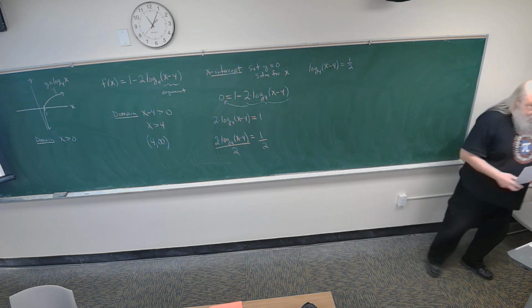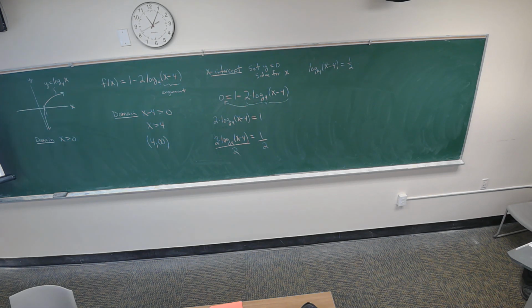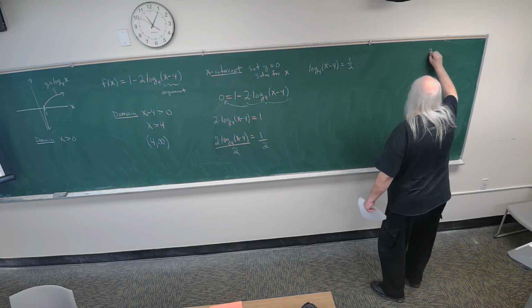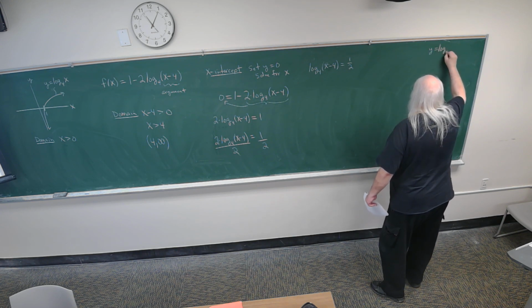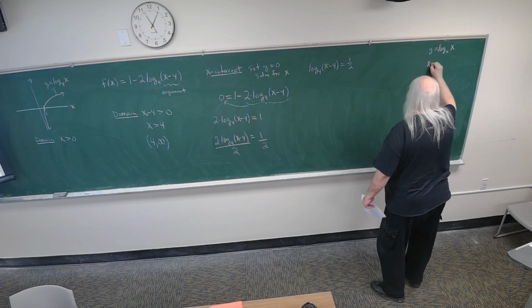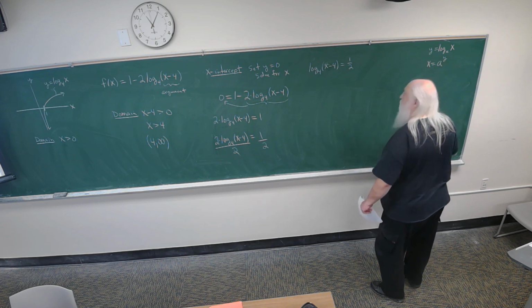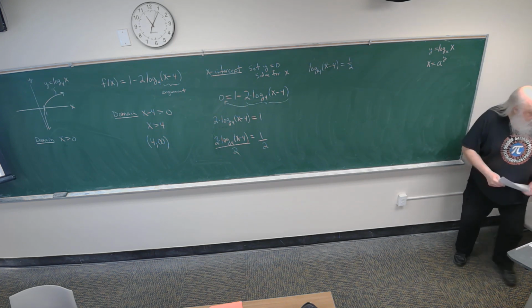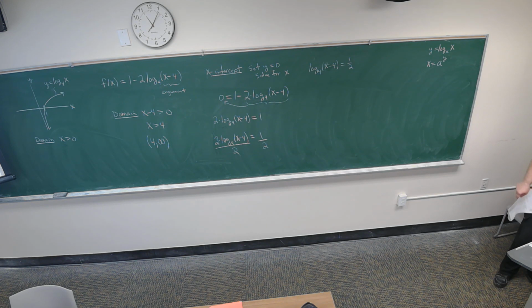Now I want to remind you of something from page 1 of this lecture guide. y equals log base a of x, and x equals a to the y are equivalent equations. And so on page 1, we did some exercises where we converted a logarithmic statement to an exponential statement, and an exponential statement to a logarithmic statement.